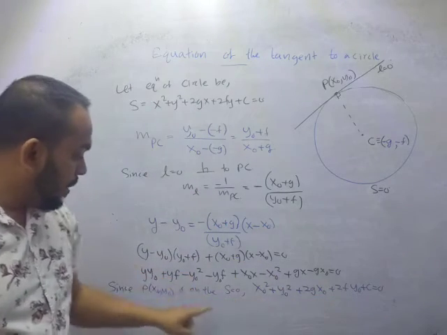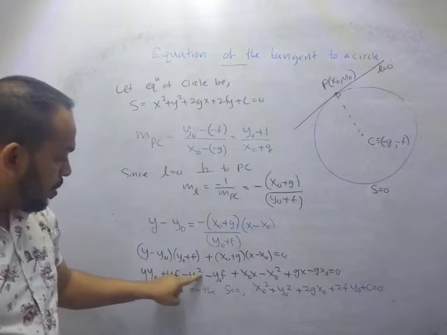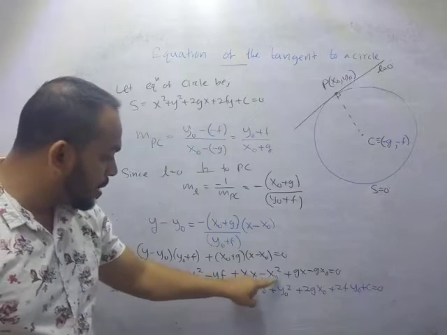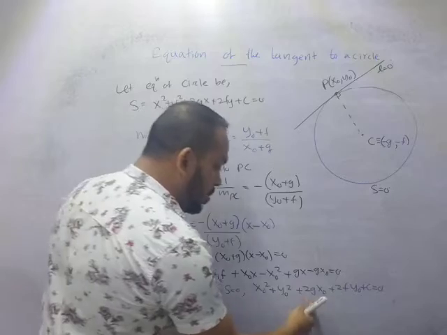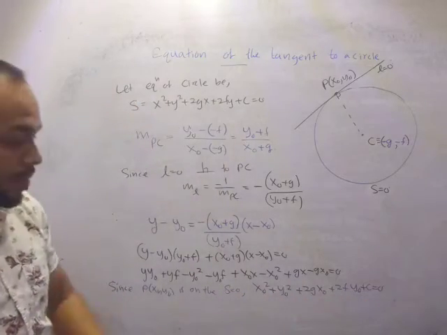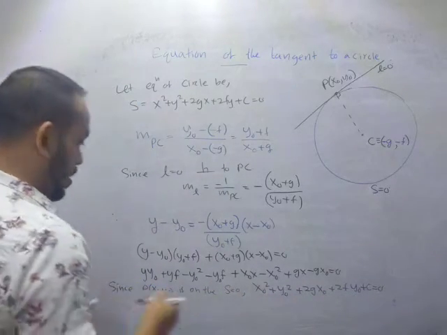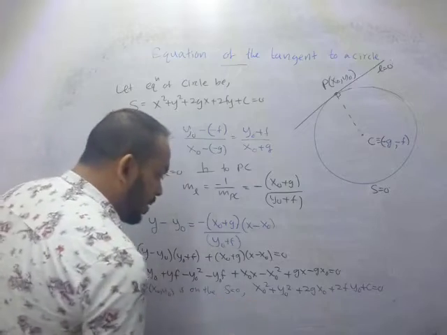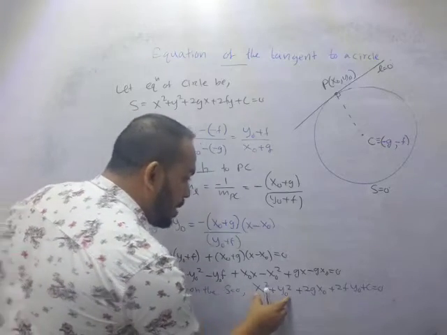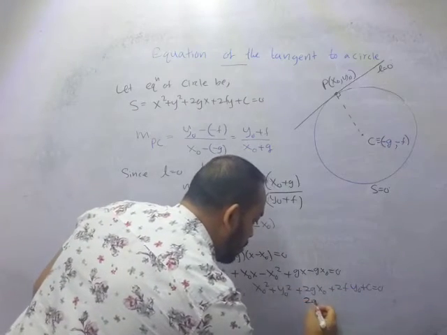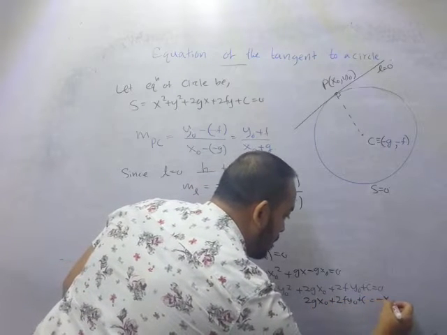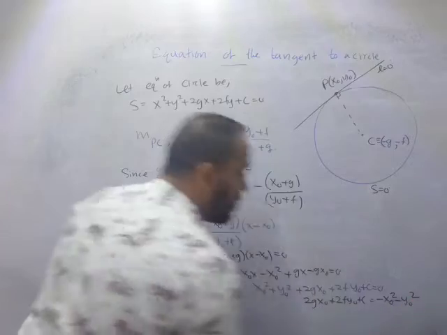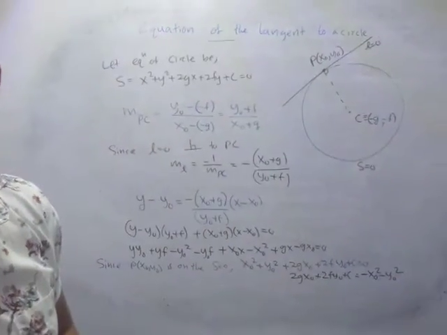Using this relationship, here we have minus y naught squared, then minus x naught squared. We are going to replace these two terms using this. If I bring both of these terms to the other side, then I would have 2g x naught plus 2f y naught plus c equals minus x naught squared minus y naught squared.